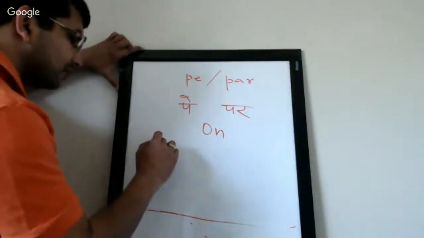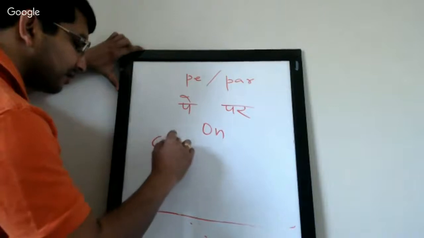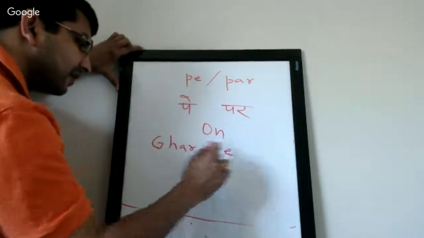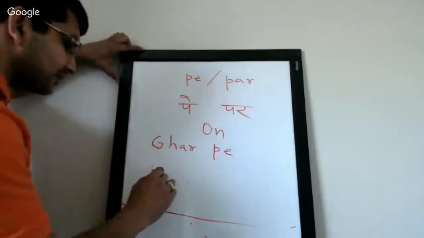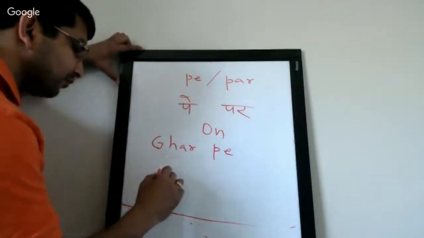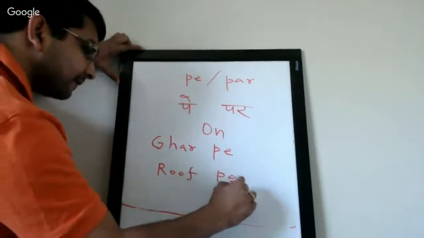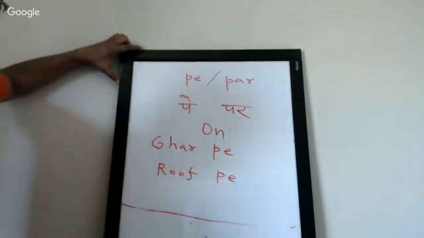On the house, घर पर or घर पे. Or you can say छत पे, which is roof. So roof पे, छत पे, right? तो छत पे बंदर है. So there is a monkey on the roof, right?